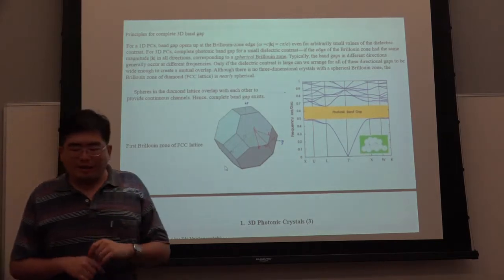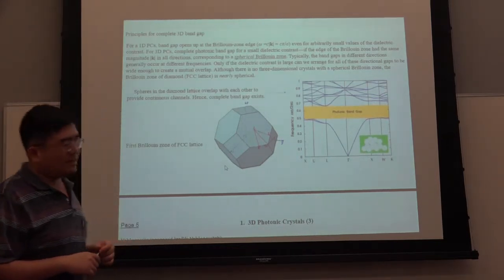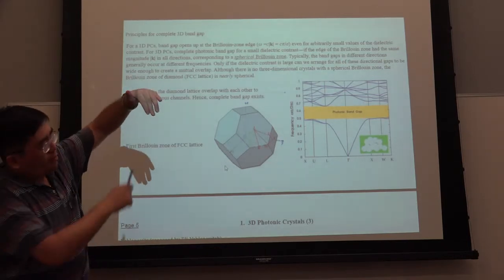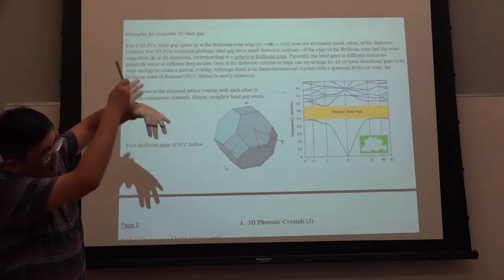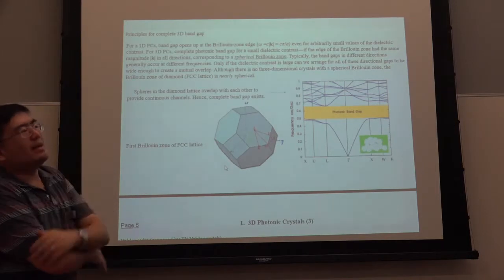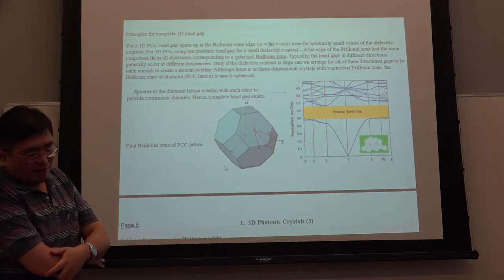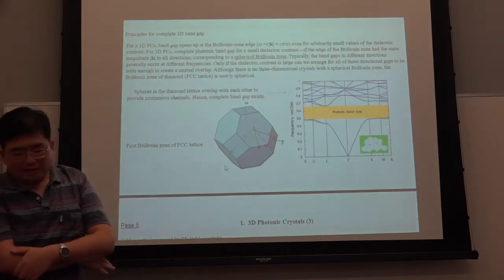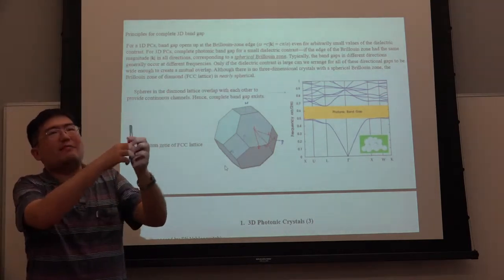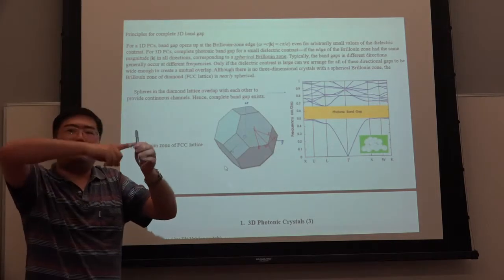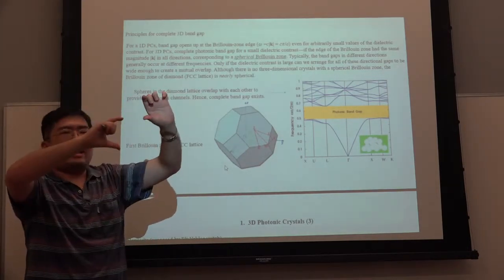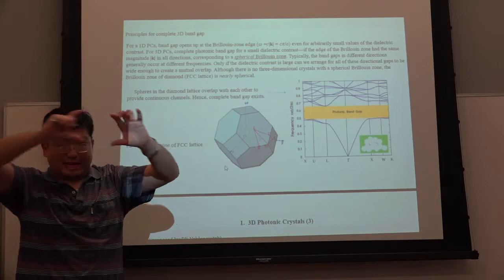Why is a sphere important? As I said, at the Brillouin zone boundary plane the band gap always opens up, because it has a standing wave state. The problem is that for 2D or 3D, different directions, I mean different k, have different locations of the band gap. They just do not align.